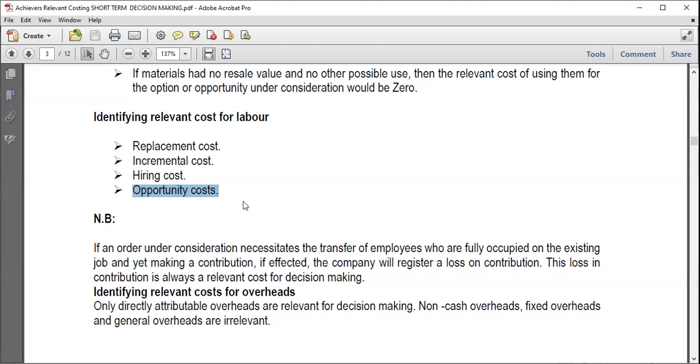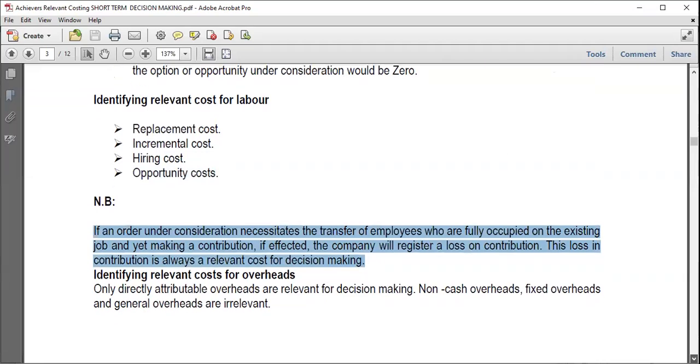Because if they are moving, for example, from bread, the revenue from bread is like an additional cost. Yes, the contribution that we are going to lose from bread is an additional cost for us. You understand? So it's very important for us to reflect on that.